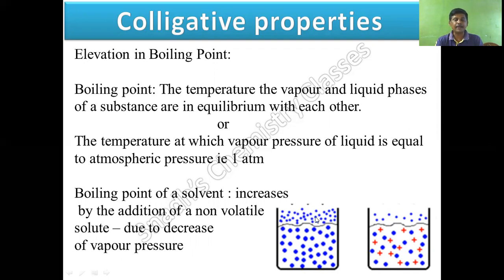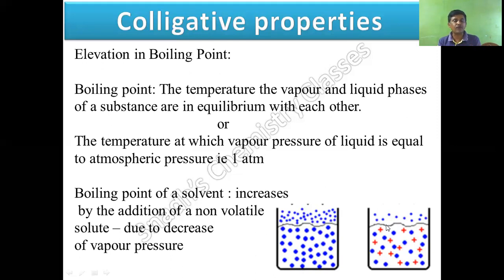If we add a non-volatile solute, vapor pressure decreases, so boiling point increases. Simply, we can say that the boiling point of a solvent increases by the addition of a non-volatile solute. Why is it happening? It is due to the decrease of vapor pressure. As vapor pressure is decreasing, boiling point is increasing.